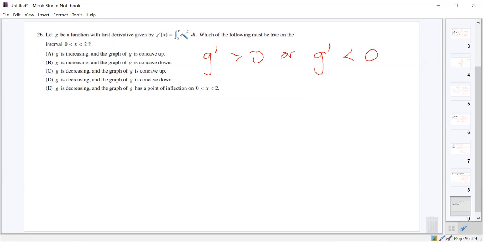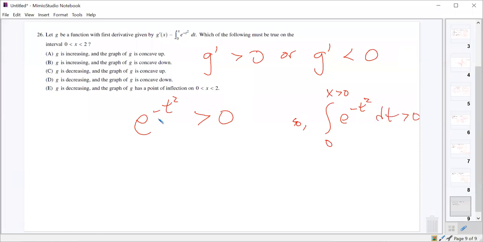Well, if I take e and raise it to any power, I always get a positive number, right? E to the -t squared is always greater than 0. So therefore, the integral from 0 to any positive x value of e to the -t squared dt is positive because the function itself is above the x-axis.